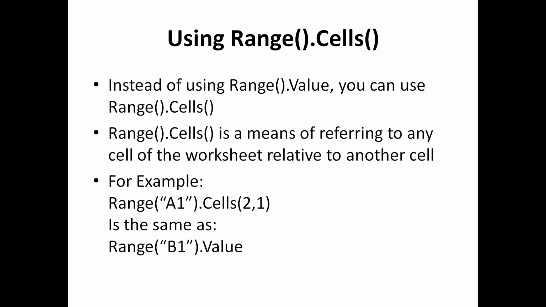Range.cells is a means of referring to any cell of the worksheet relative to another cell. For example, Range("A1").Cells(2,1) is the same as Range("B1").Value. How this works exactly will be illustrated in the next slide.